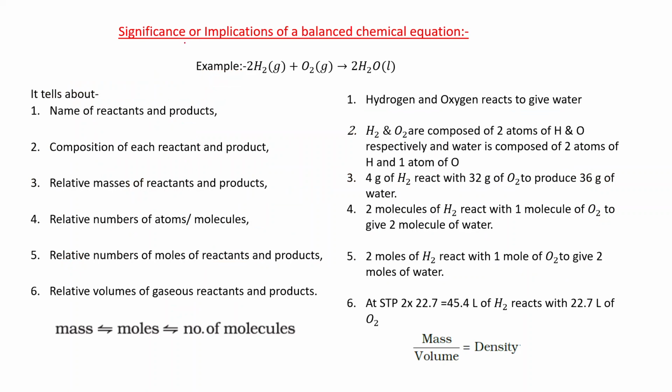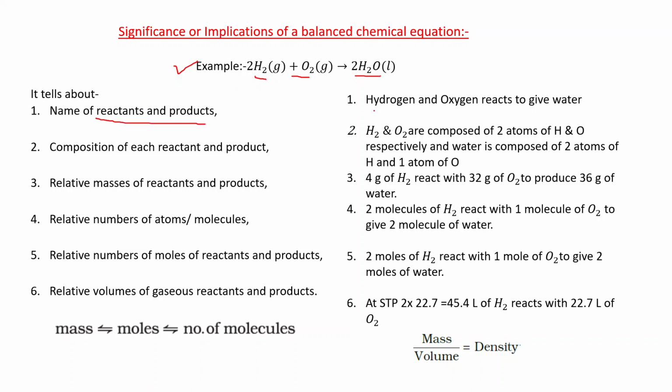Now, what information can we obtain from a balanced chemical equation? That is, what is the significance or implications of a balanced chemical equation? We will take one example: hydrogen reacts with oxygen to give water, and this is a balanced chemical equation, 2H2 plus O2 gives 2H2O. Now, what information can we get? We can find out the names of reactants and products.